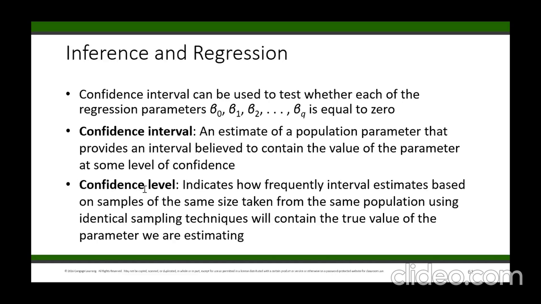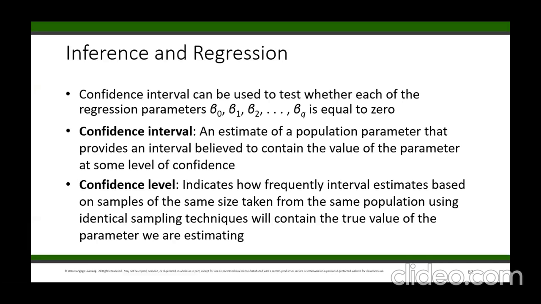By default, Excel provides us with a 95% confidence interval, but we can change it to 98, 99, whatever level of confidence we are looking for. All right, so that's the second result that we can get from statistical inference in regression.